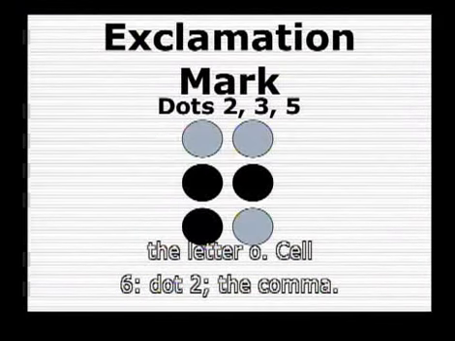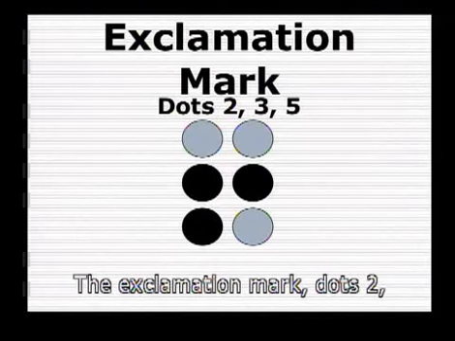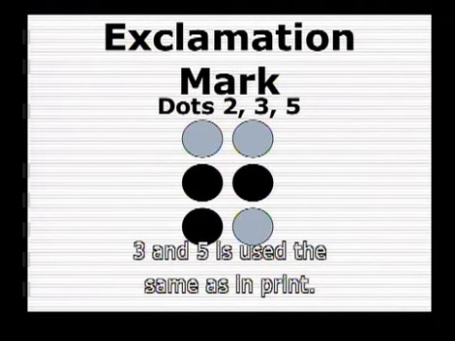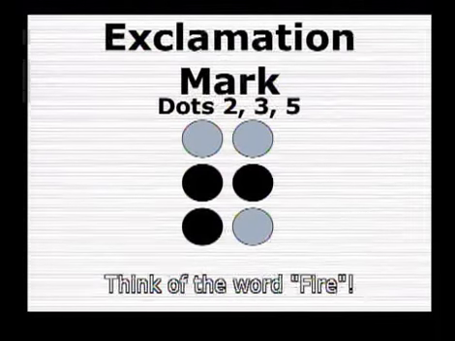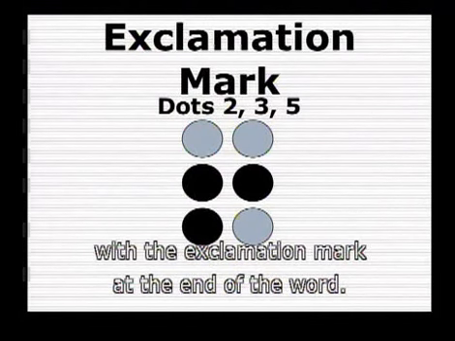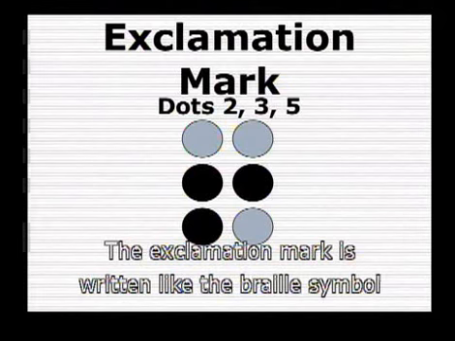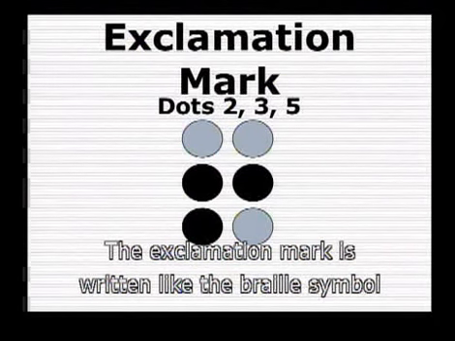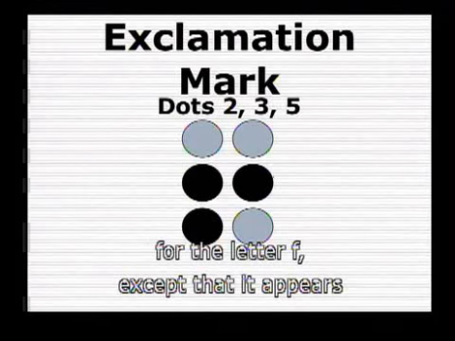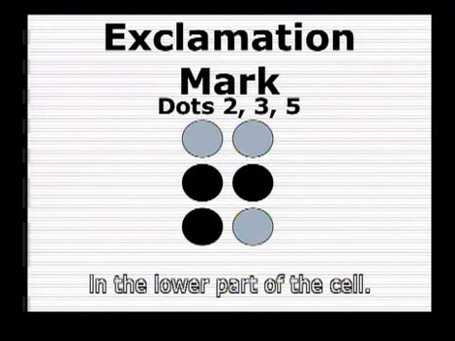The exclamation mark, dots 2, 3, and 5, is used the same as in print. Think of the word fire with the exclamation mark at the end of the word. The exclamation mark is written like the Braille symbol for the letter F, except that it appears in the lower part of the cell.